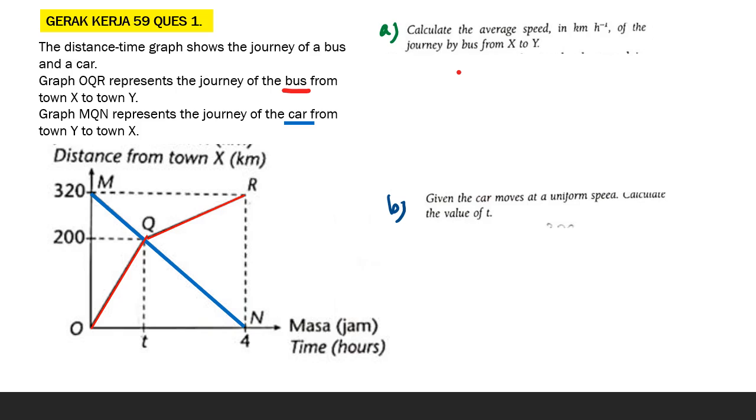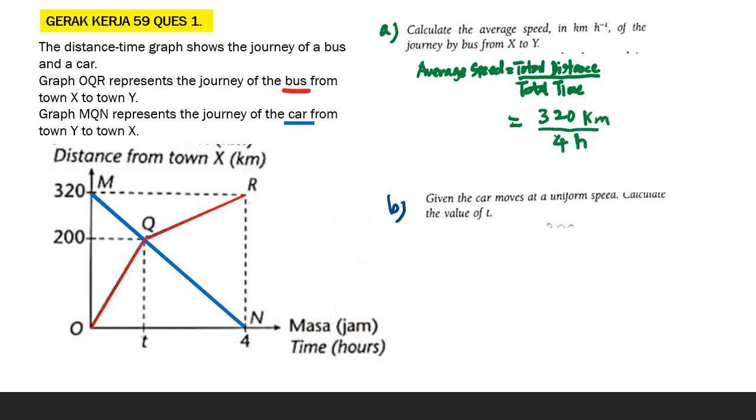Okay, so question A, calculate the average speed in kilometer per hour of the journey by bus from X to Y. From X to Y, that means let us focus on the bus, the red color.